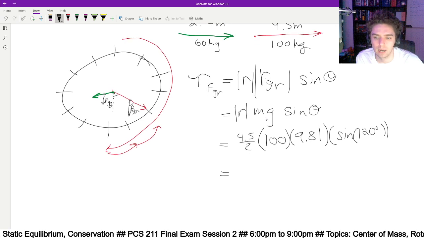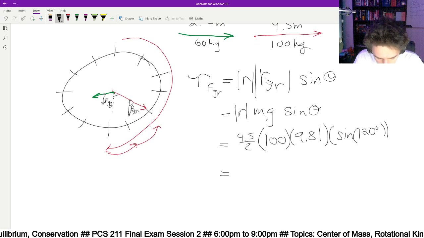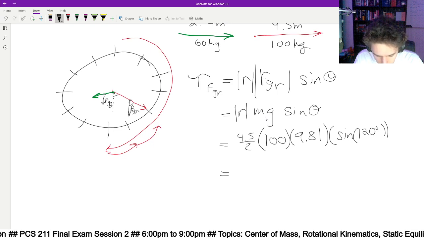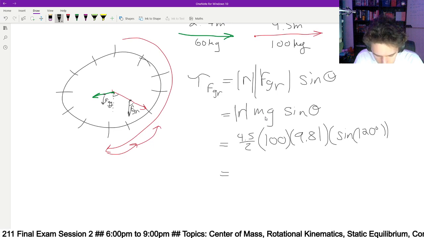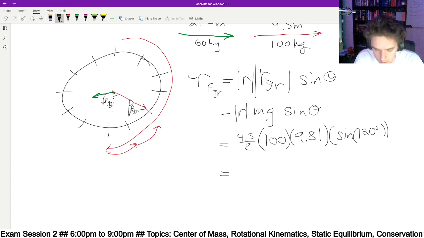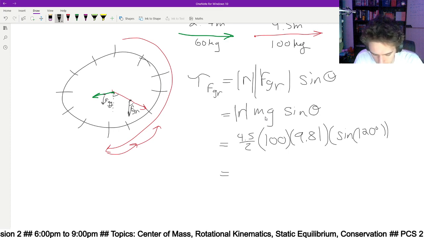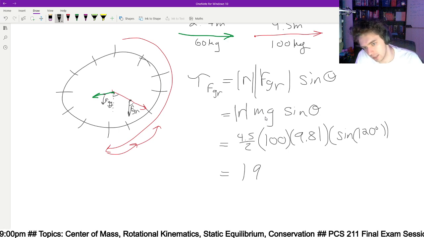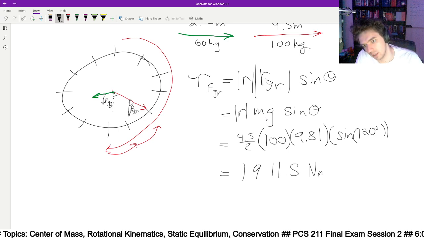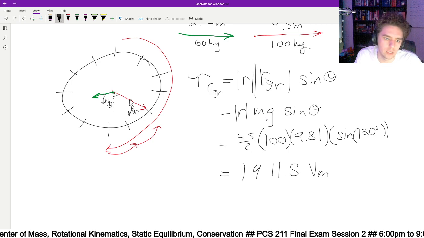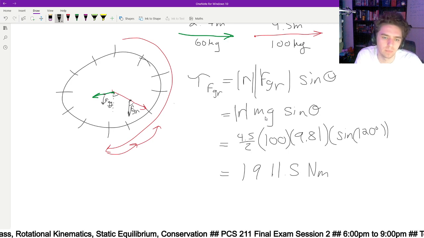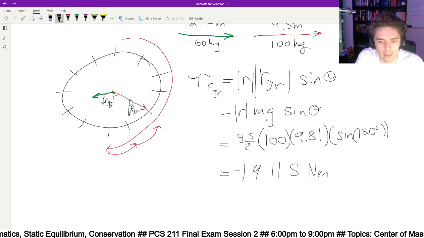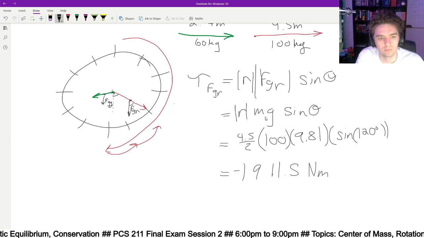Right? And I can just plug that all in. So 4.5 divided by 2 times 100 times 9.81 times sine of 120. So I get 1,911.5 Newton meters, and it's trying to push the minute hand this way, which is negative torque, so this should be negative. Okay.